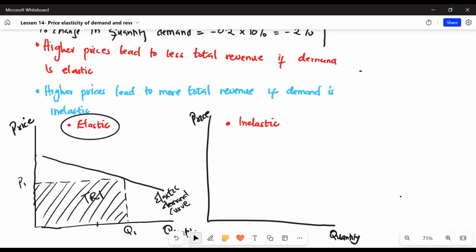Now, if the price of this good were to increase to P2, if you trace this to your demand curve, quantity demanded will reduce from Q1 to Q2. Now, our new revenue will be this entire shaded area.